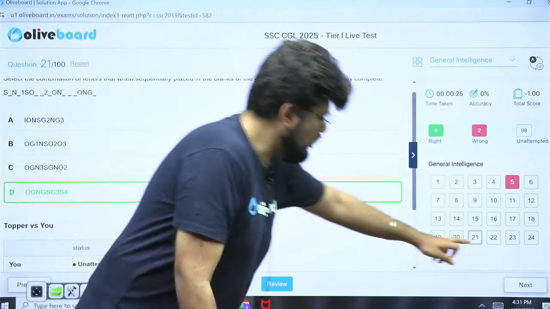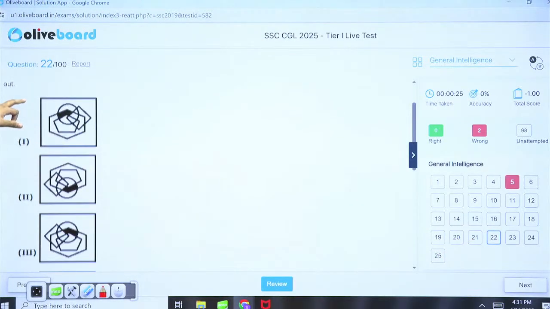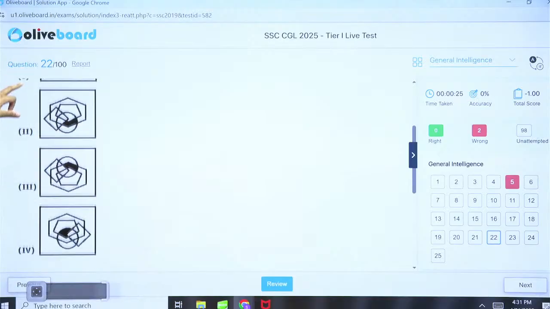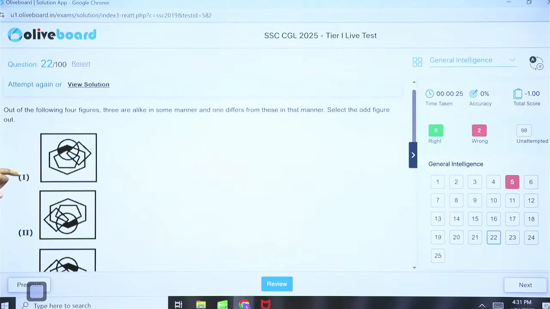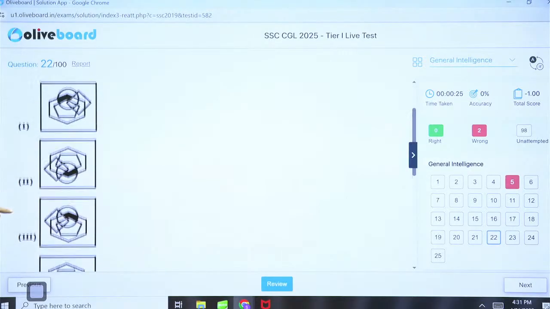Question number 22. Figure classification. 3 are alike, 1 is different. Select. Very easy question.